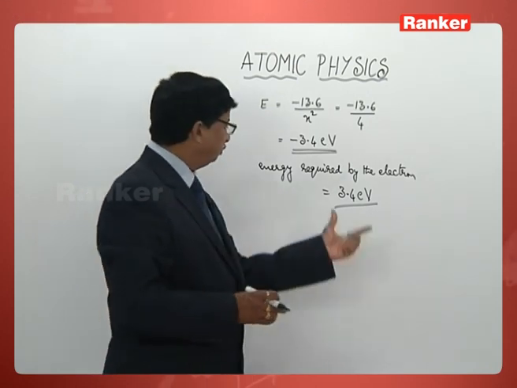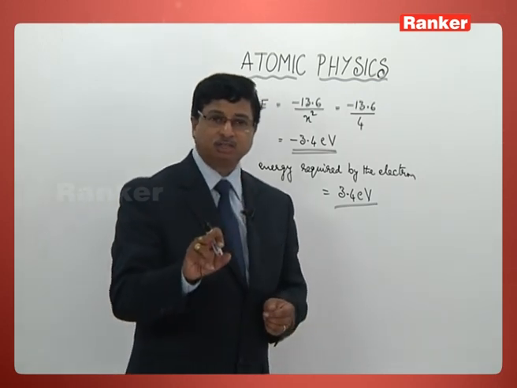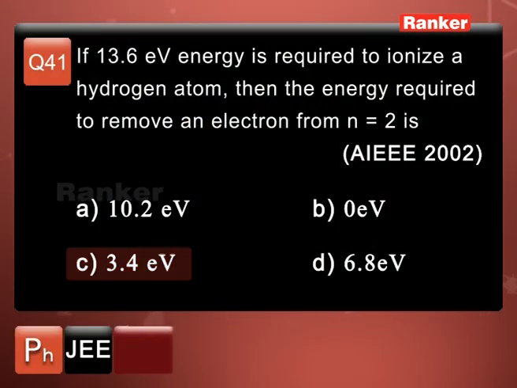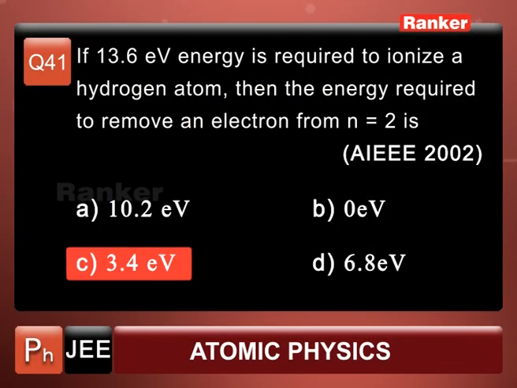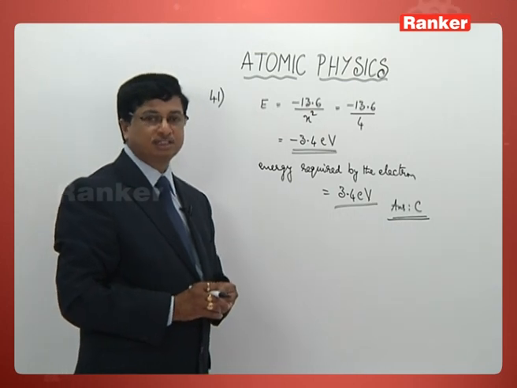That is the point. So this answer exactly coincides with the third option given in the problem. Therefore, the correct answer for this one is simply C. That is the concept you have to understand as far as the 41st problem is concerned.